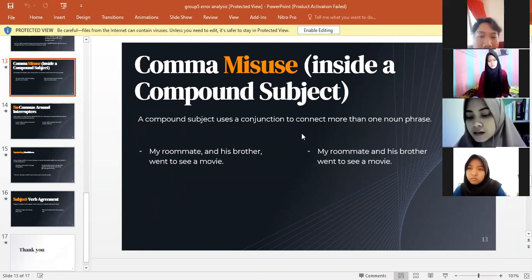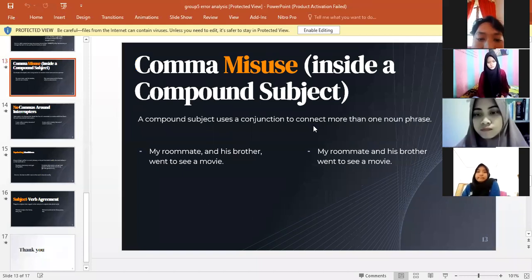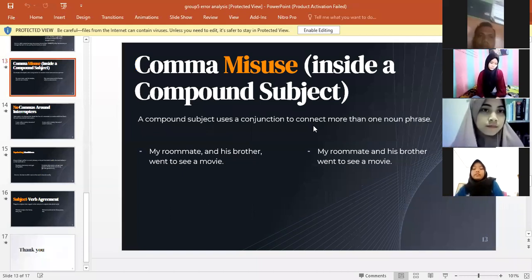Okay. Comma misuse inside a compound subject. A compound subject uses a conjunction to connect more than one noun phrase. For example, there's a sentence: My roommate, and his brother went to see a movie. And then the right one: My roommate and his brother went to see a movie.